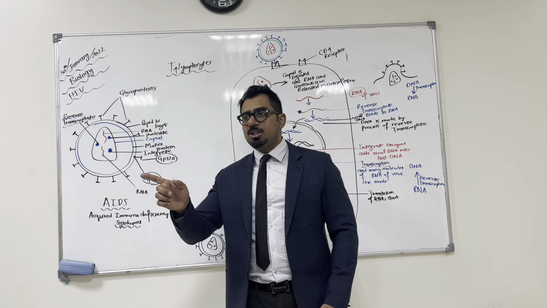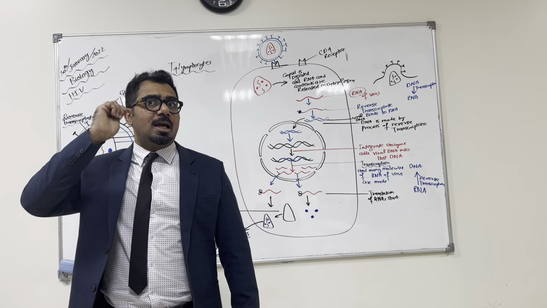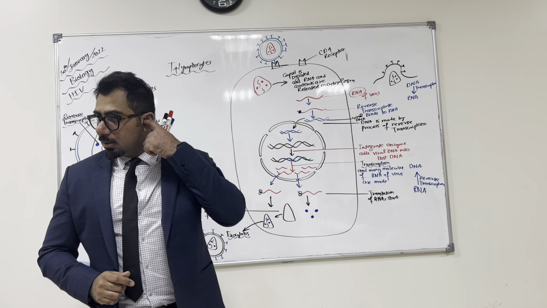It can be transferred from barbers as well. Now, people go for shaving to the barbers, right? For a haircut or something. Now, let's suppose that a person who is HIV positive goes to the barber. The barber is shaving him and gives him a cut, right?